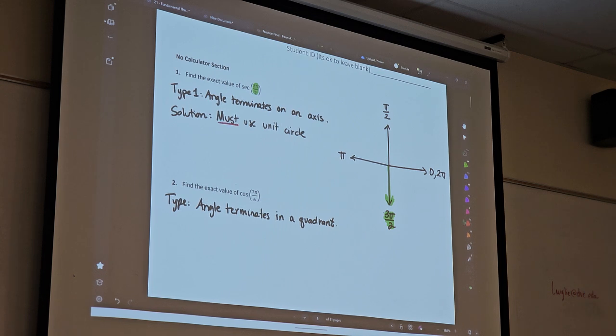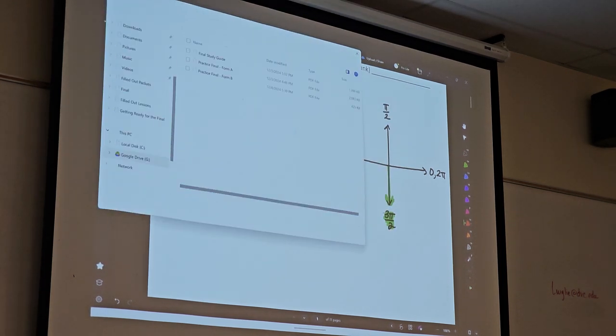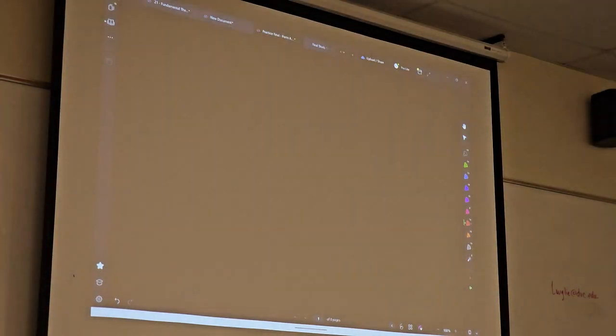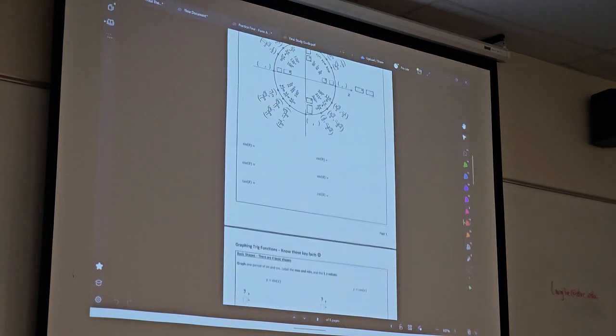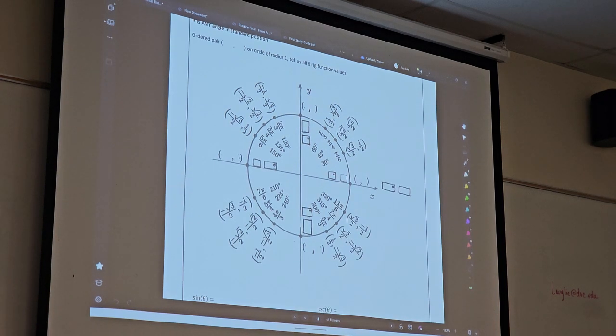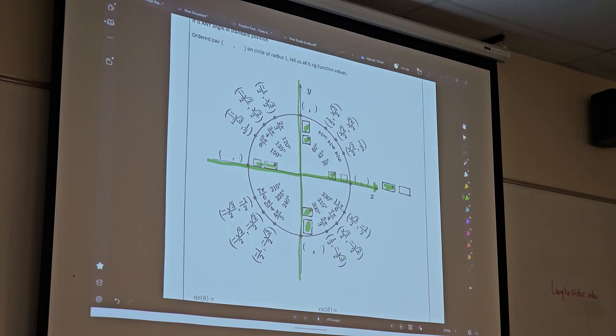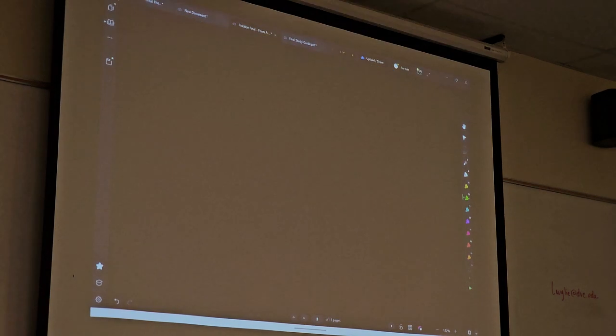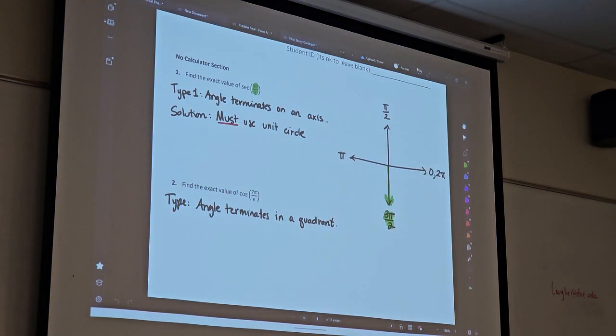Which is why when we were doing those drill and kill worksheets, I always left the ordered pairs on these angles blank. Because there's no pretending like you're in a triangle. You have to use the unit circle definition. Okay? So I know where my angle lands. I now am going to say what the ordered pair is on the terminal side of that angle. This x comma y is 0 comma negative 1.